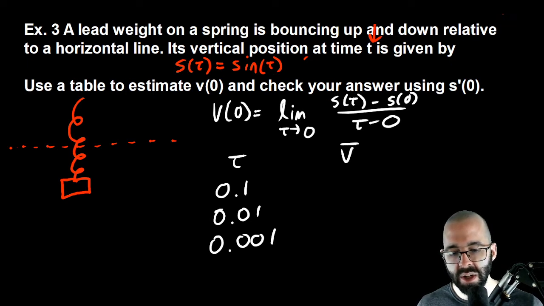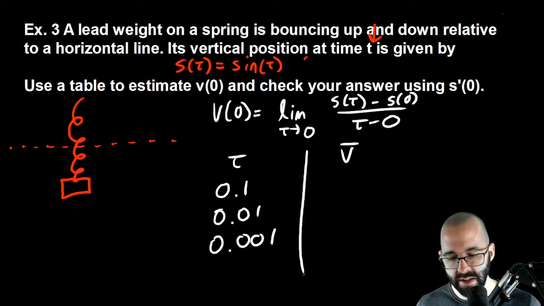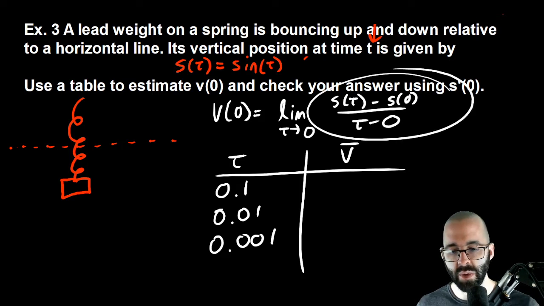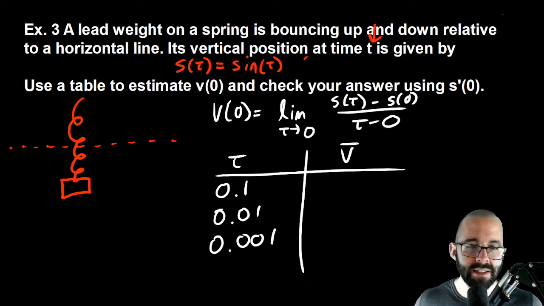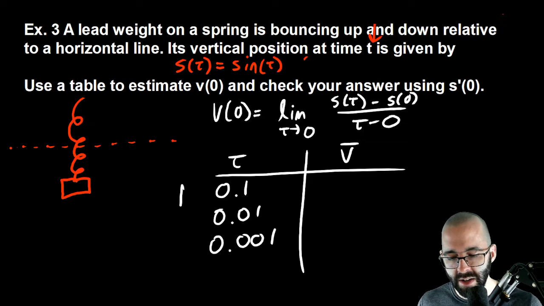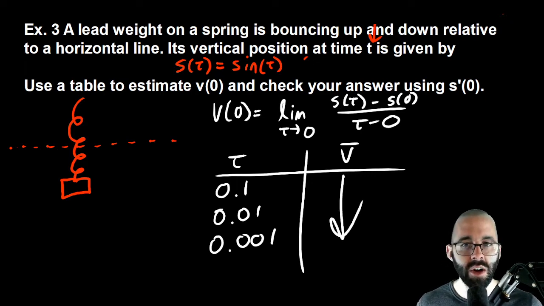And then let's look at what the average velocity looks like. The average velocity is given by this formula without the limit. And let's connect average velocity with instantaneous velocity. Because as t is approaching 0, as we go down on this table, these average velocities should also be approaching that instantaneous velocity.